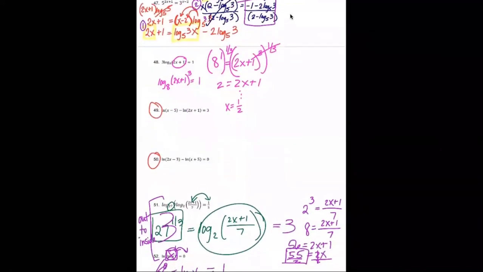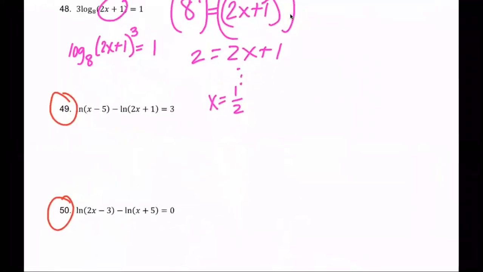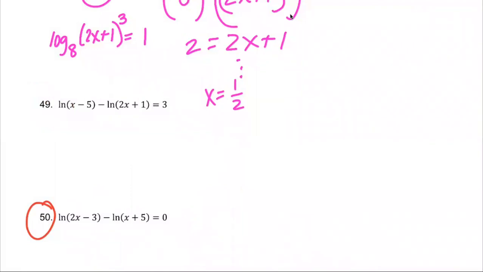Will you do number 49? Yes. Number 49. So this one is an example where you'll need to condense the logs, the natural logs, and then convert to exponential.